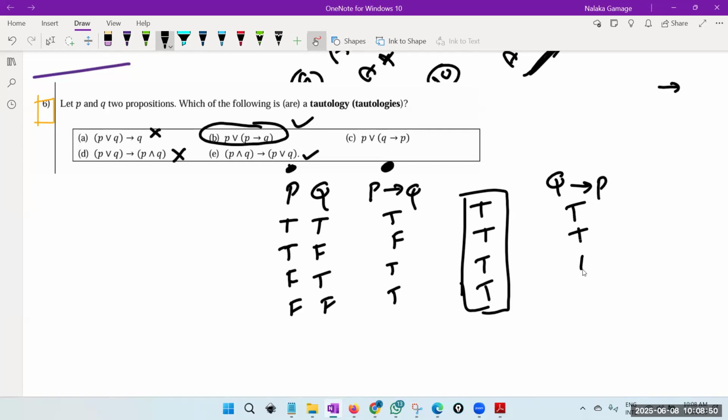Now this is Q implies P, and this is my P. I need to take OR. True or true is true. False or false is false. Therefore, it is not a tautology.